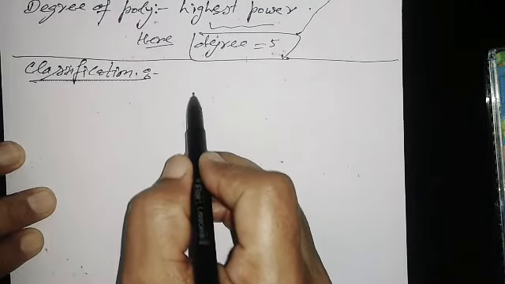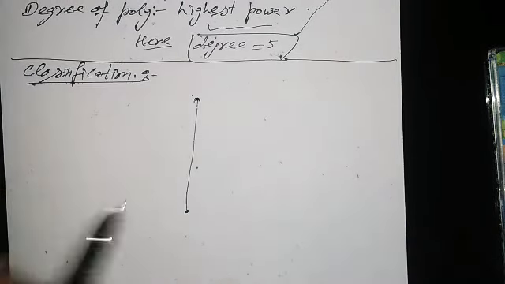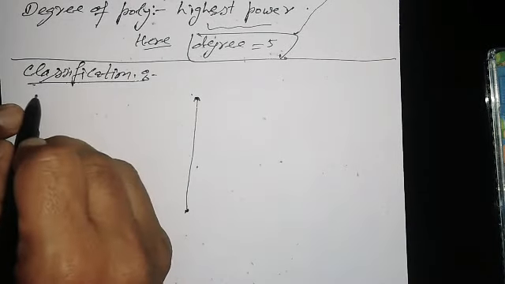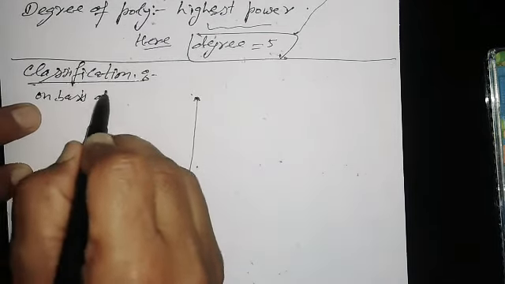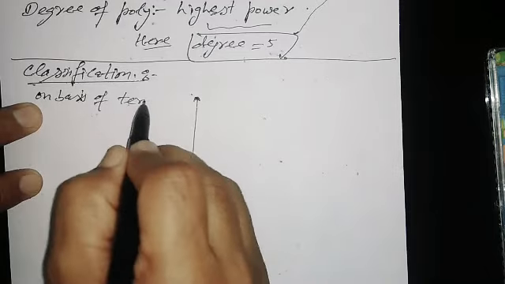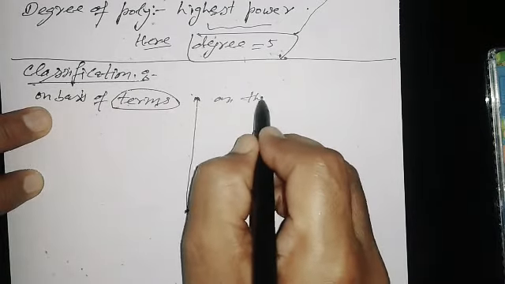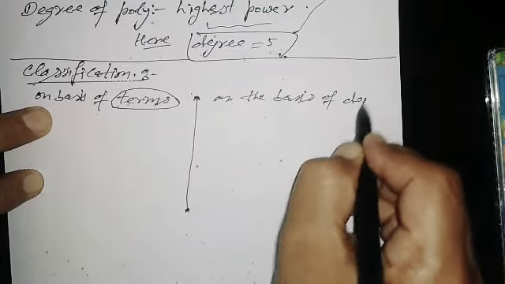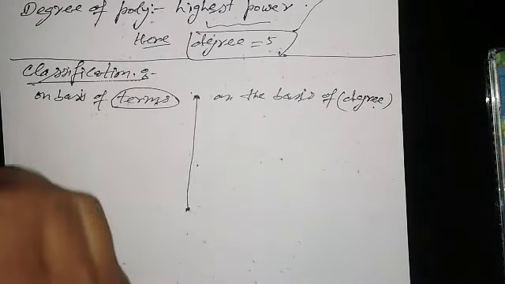I will use this type of comparison because classification can be made on the base of terms and on the base of degree. Means we can classify polynomial on the base of terms or on the base of degrees.